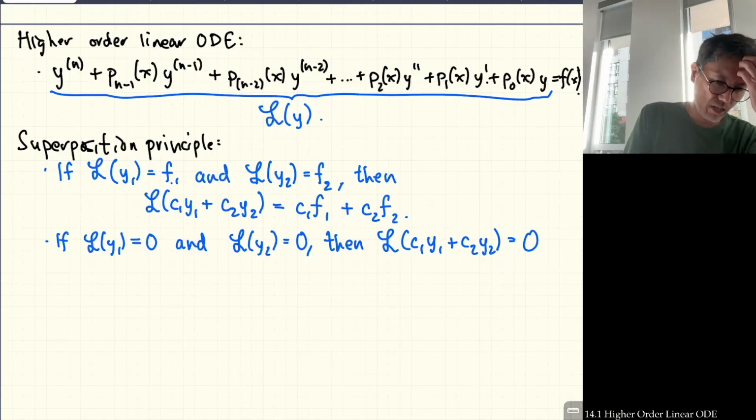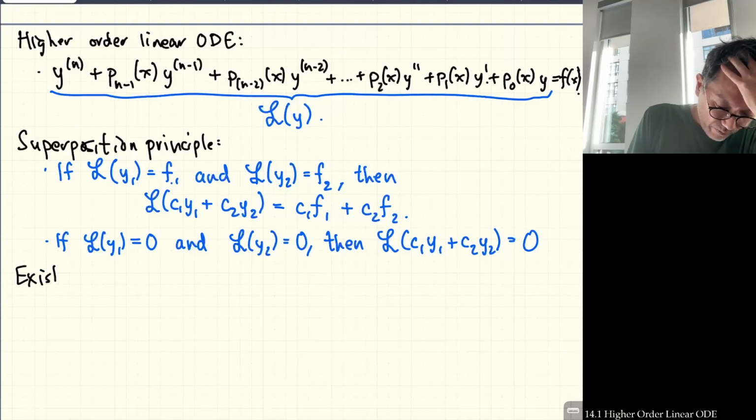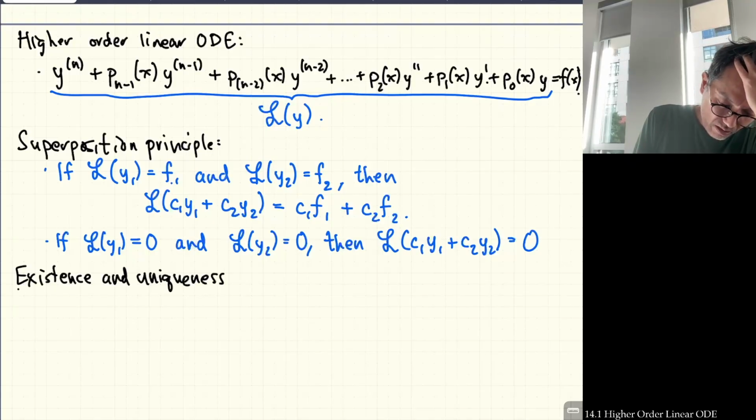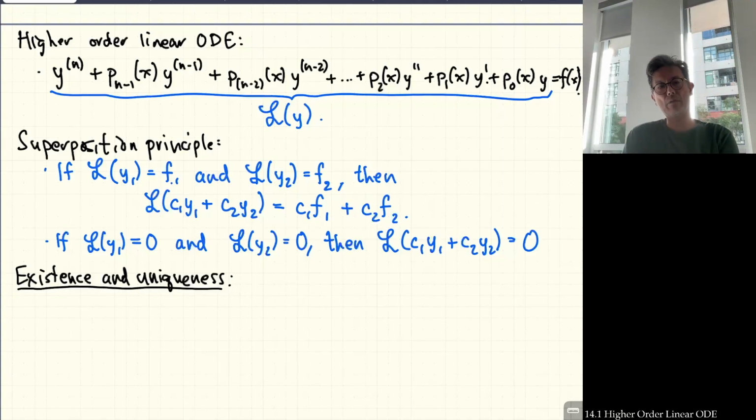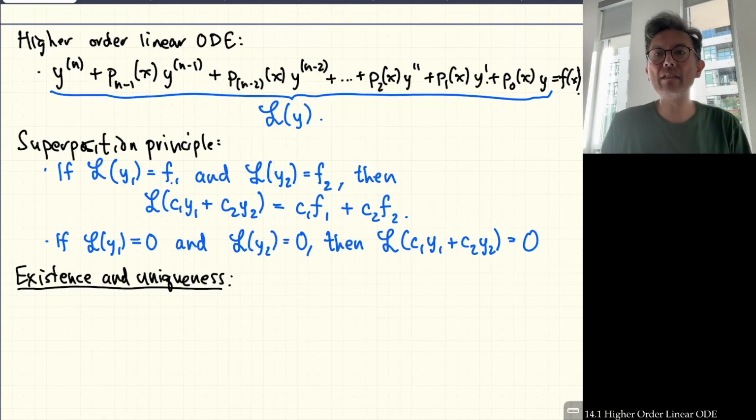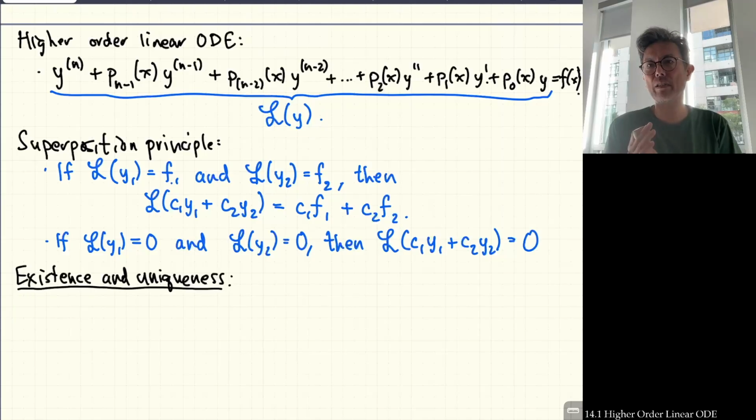Then there's the existence and uniqueness theorem. And I'm going to state it. But the main takeaway from the existence and uniqueness theorem is that you can think of the set of solutions to a higher order linear differential equation.